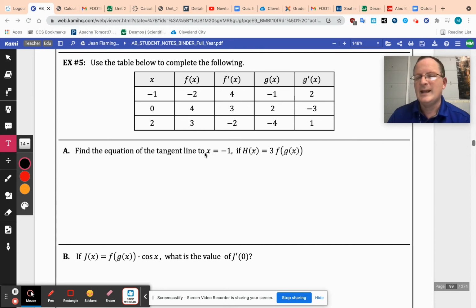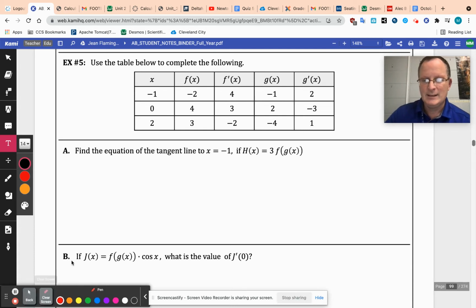The tangent line at x equals -1 to h of x. We're missing some words here, and it's a little weird. Okay, so if h of x is equal to that, that's what we need to do. We're finding the tangent line to this graph when x equals -1.